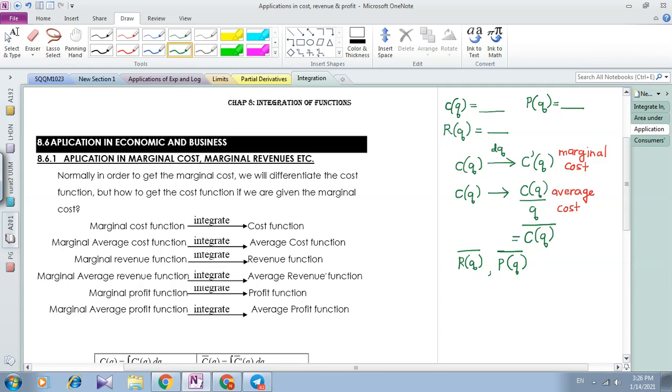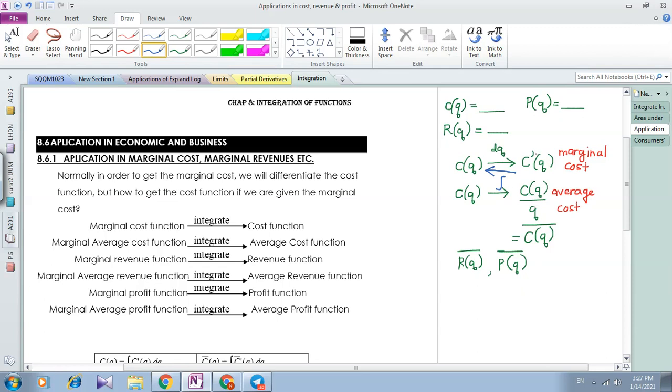Now in this chapter, since we are dealing with integration, let's say you have C prime in the beginning. How can you go back to the original function C? To go backward, the operation must be integration.